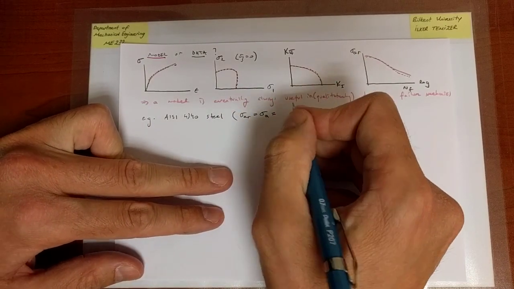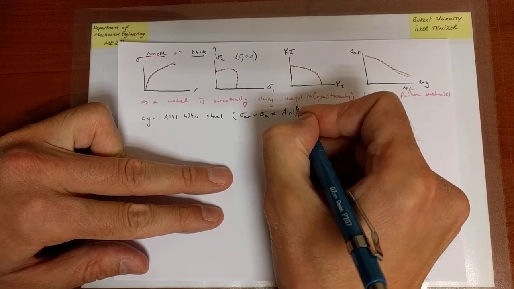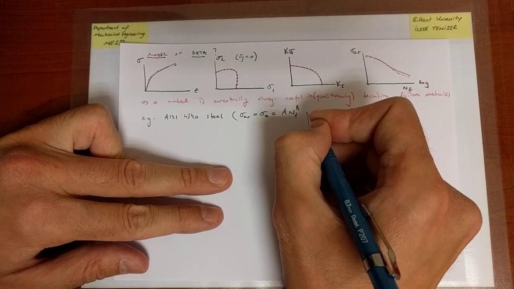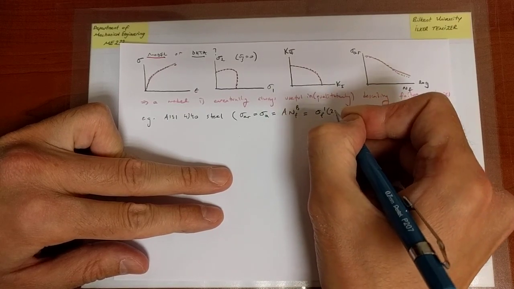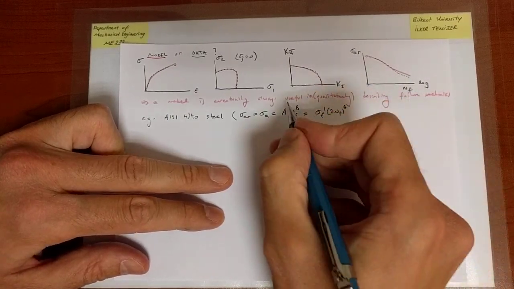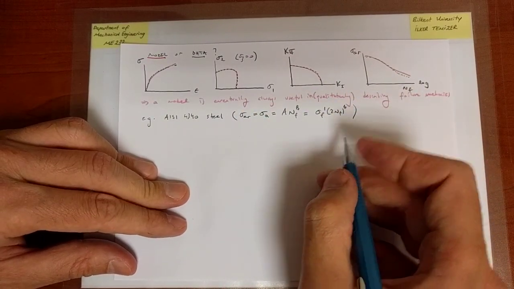So it's going to be equal to the Basquin relation, which is A N_f to the power B, or sigma_f' (2N_f) to the power small b, which is the same as capital B. So that's the model, the Basquin relation, that we're going to make use of.